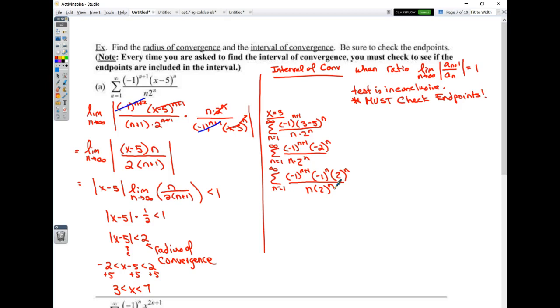I see some handy-dandy algebra that happens. Cancel some stuff out. Yes, as soon as you divide. So, now we're here. Can I simplify anything else?